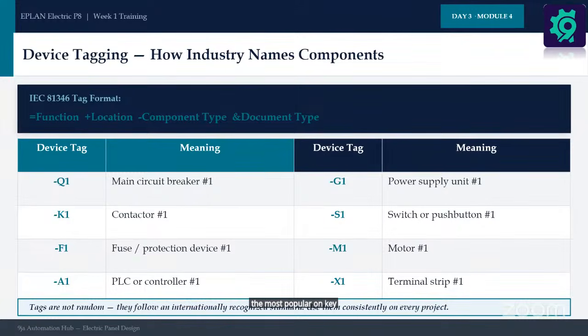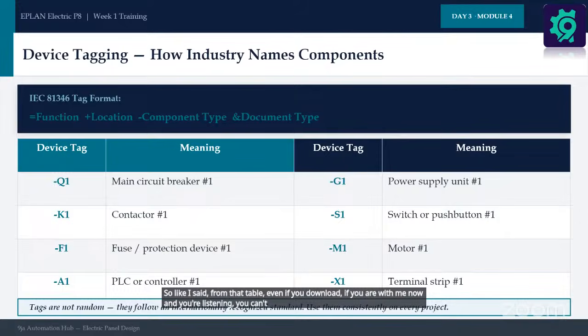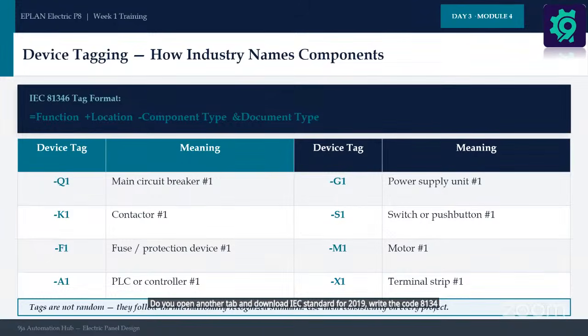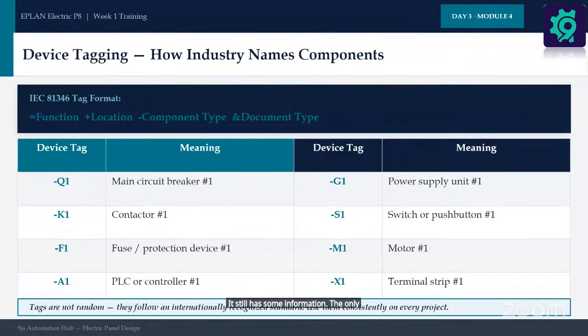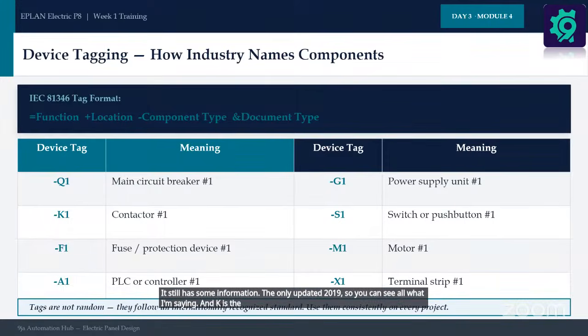Like I said, from that table, even if you are with me now and listening, you can still open another tab and download the IEC standard 81346, 2009, sorry. It still has some information. They only updated it in 2019, so you can see all what I'm saying. And K is the class letter for objects whose primary purpose is processing and storing signals or information, or for switching and protecting or regulating energy.